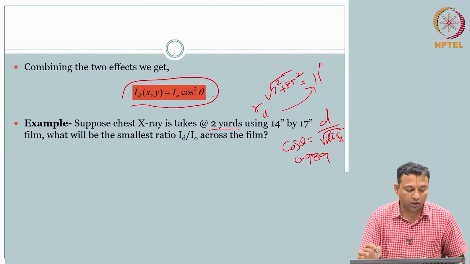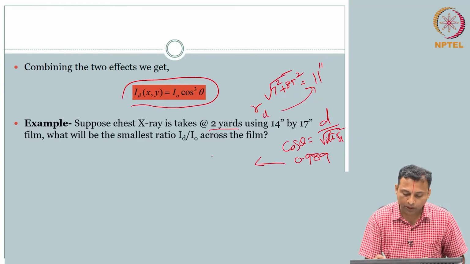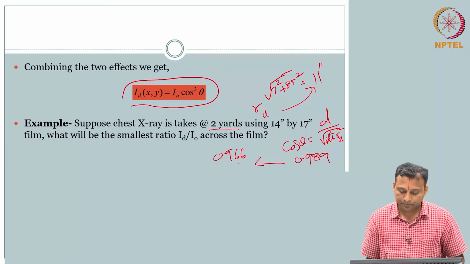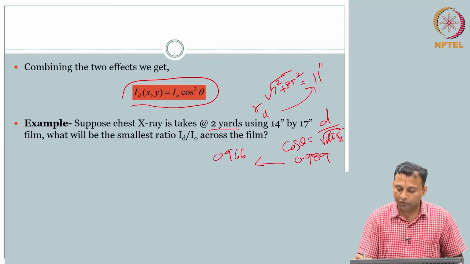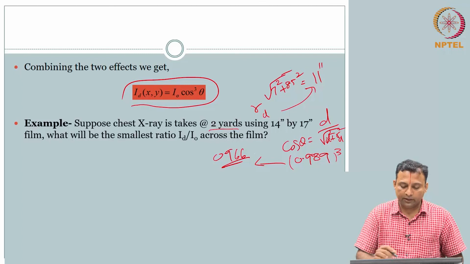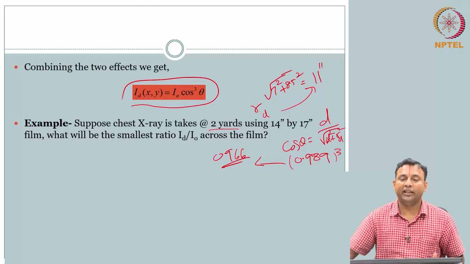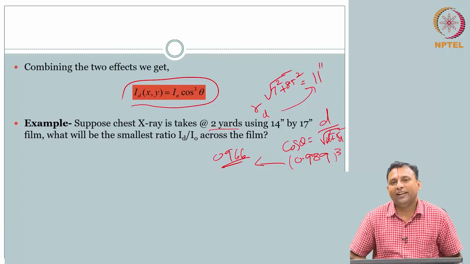What we want is cos cube theta. So that turns out to be about 0.966. So cube of this is this. This is the ratio that is asked. So about 3% variation. Not a big deal, right?